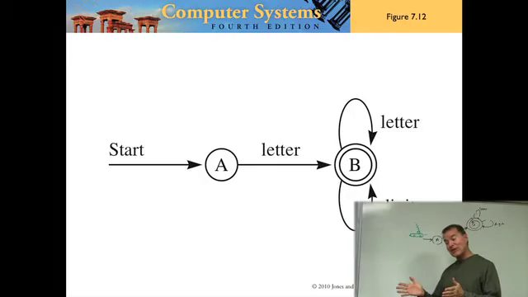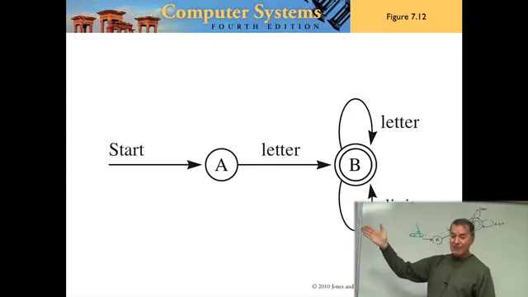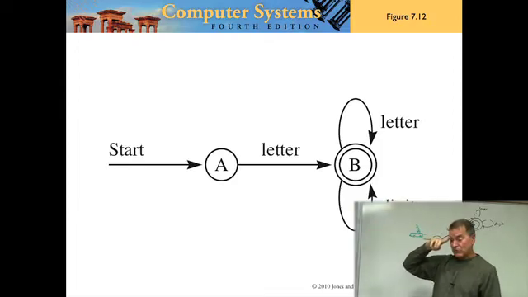So here's the picture of the simplified finite state machine. But now I've got a question for you. This is the state transition diagram. What is the state transition table going to look like for this? It's only going to have two lines. And there will be an arrow into the A, and there will be a circle around the B. But now, what about the body of the table?